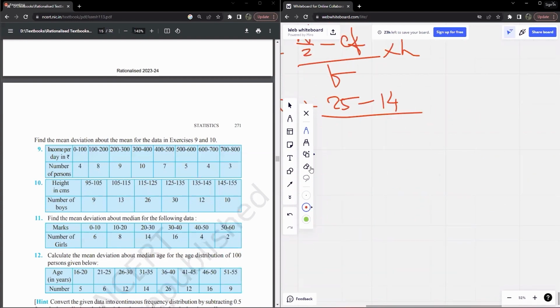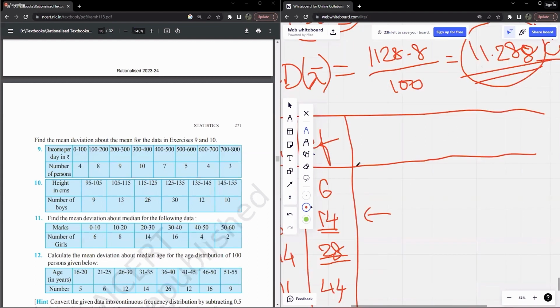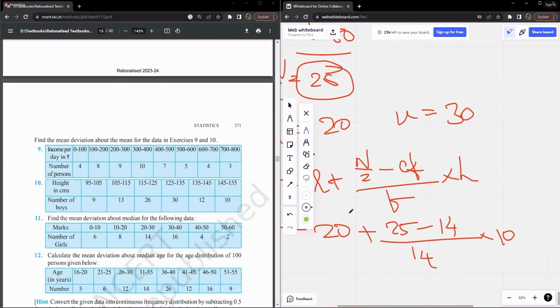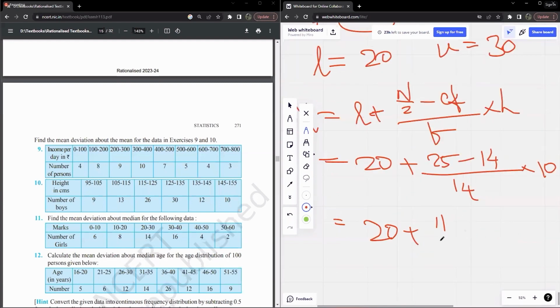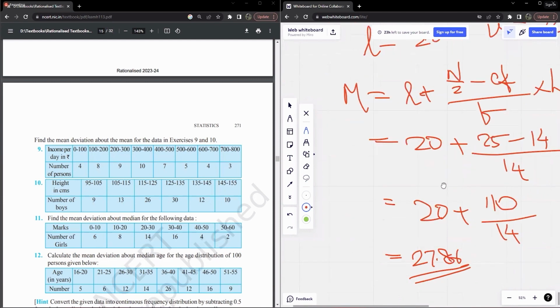So this is going to be 20 plus 11 into 10, that's 110. It's 110 divided by 14, which is 55 by 7. That is a little less than 8, which is going to be 27.86. This is the median.